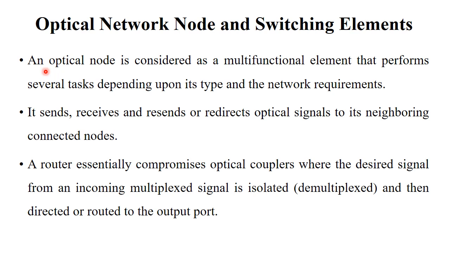Therefore, it can be referred to as the wavelength router. That means a network node can also be referred to as a wavelength router and also a wavelength converting router. Wavelength converting router in the sense, if lambda 1 is the input, it can change that to lambda 2. In such cases, this is known as the wavelength converting router.